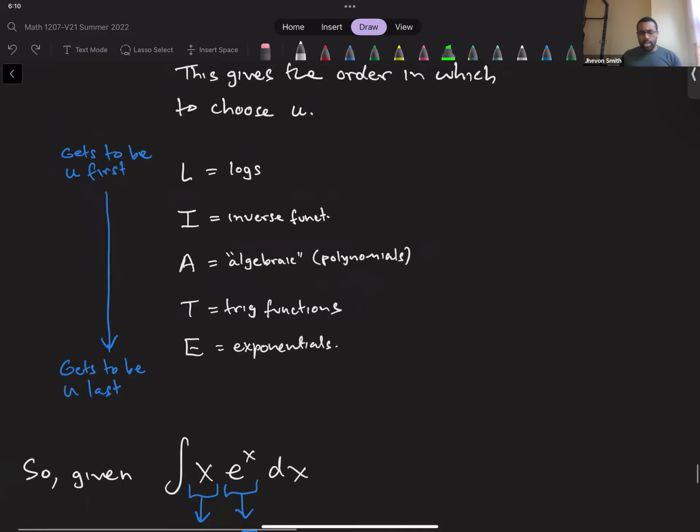It is worth mentioning, although I don't really want you to worry about it too much, that these two can be interchanged in terms of priorities. In fact, another mnemonic is called LIPET.